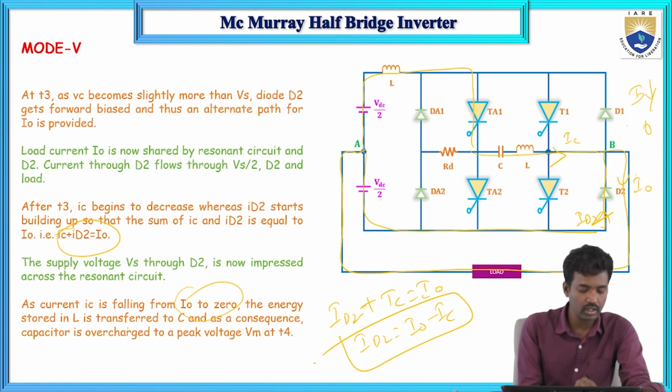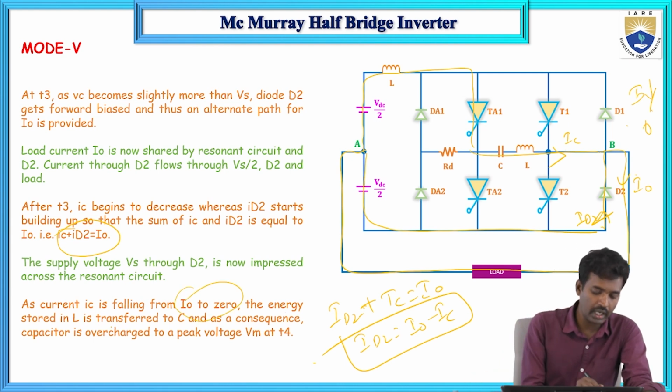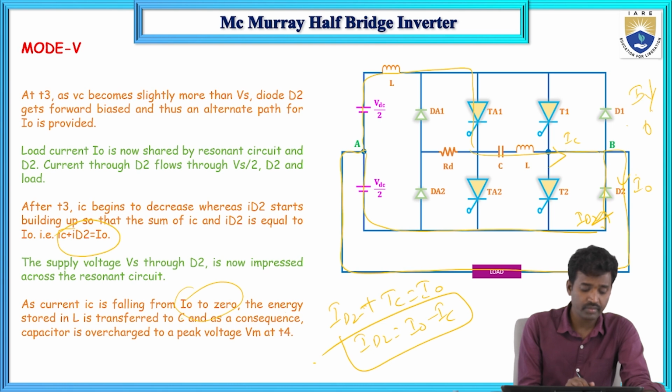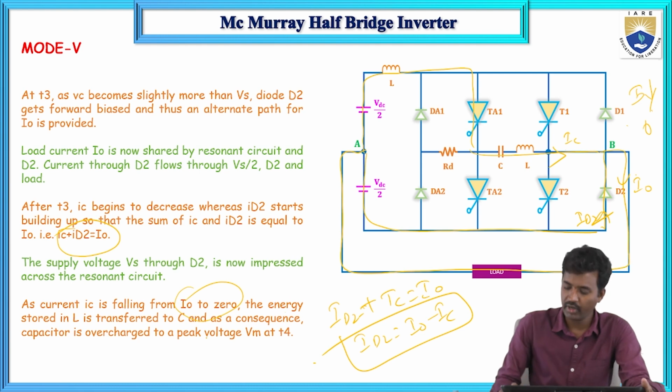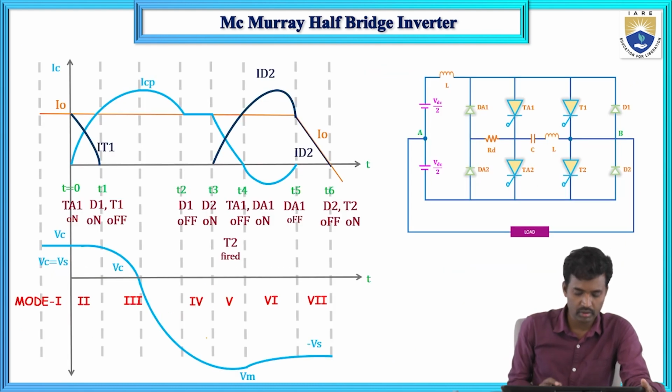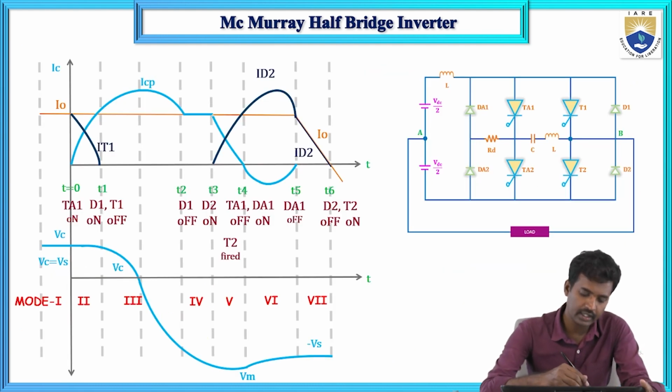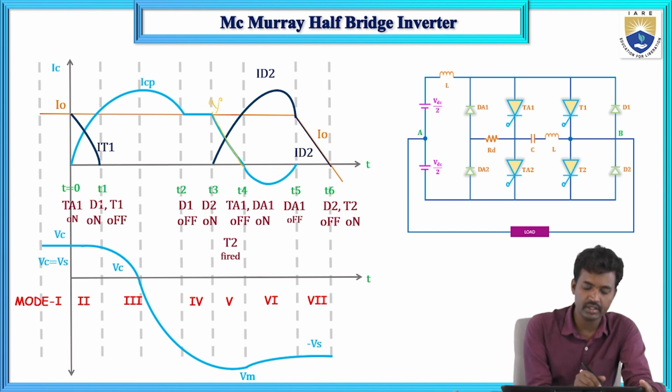Energy stored in L is transferred to C, and consequently the capacitor is overcharged to its peak value. IC current falls from I0 to 0, so the IT1 current is turned off.